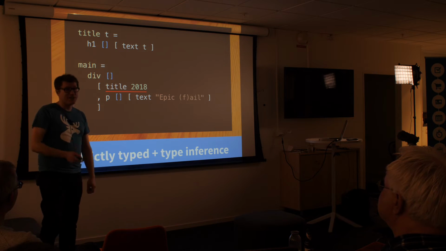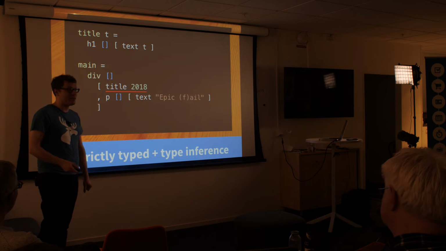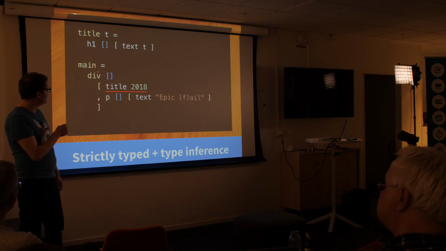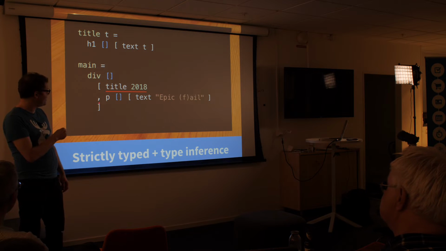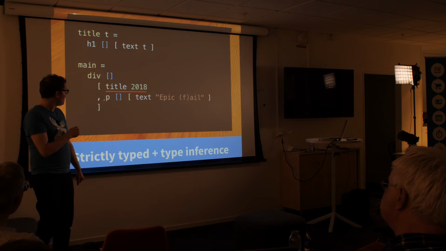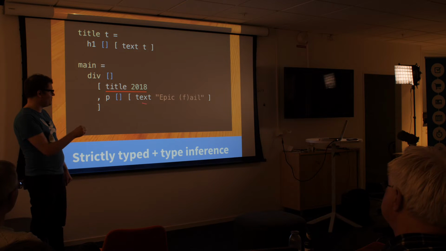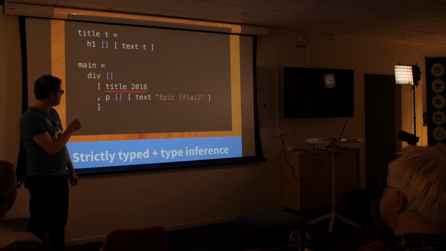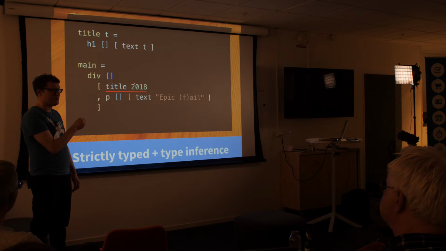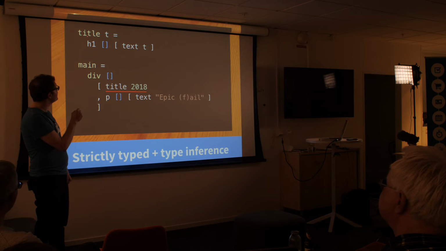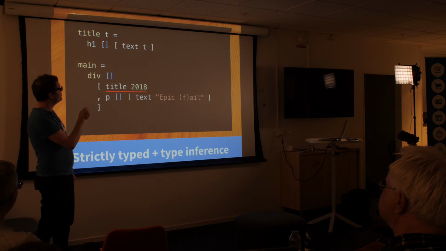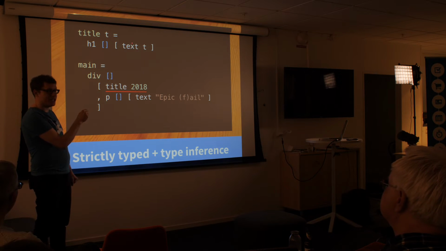Yeah, so continuing on strictly typed and type inference. Here's a main function, returning a div, no attributes, a list of children here. A second child is a P, simple one, epic fail. But the first child here is calling the function title with the argument 2018. Looking at the title function here, it takes one argument, t here. And the title function calls the function age1, no attributes, and the list of children is one child, which is the result of a call to the text function.